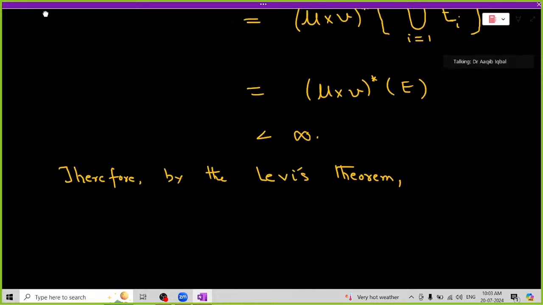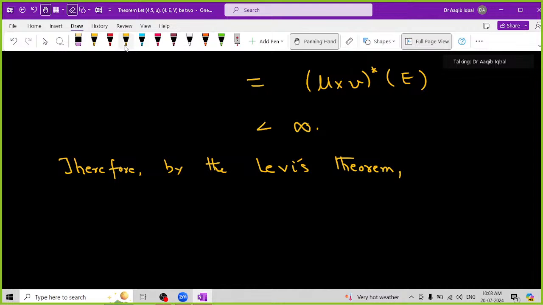So by Levy's theorem the limit of fn's is integrable.